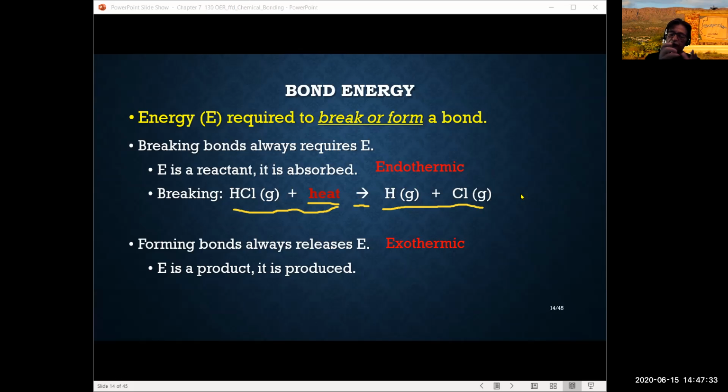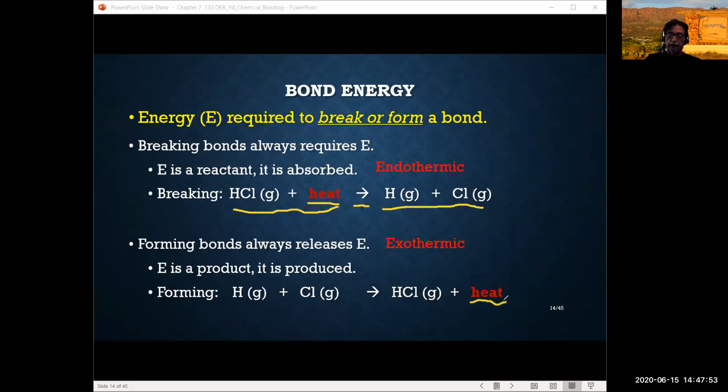So you can use them to warm a part of your body or something, where they want you to put a heat pad on it. That's a good example. So in this case, heat or energy is a product, and we put it on the right side of the arrow. Exothermic reactions give off heat, and heat or energy is a product.